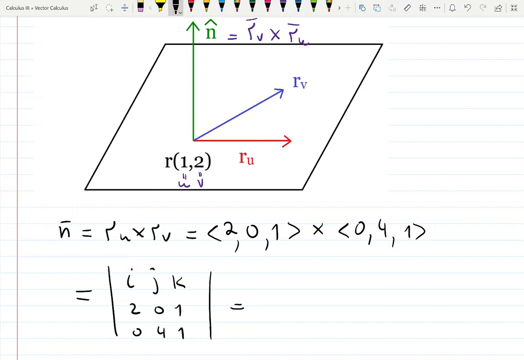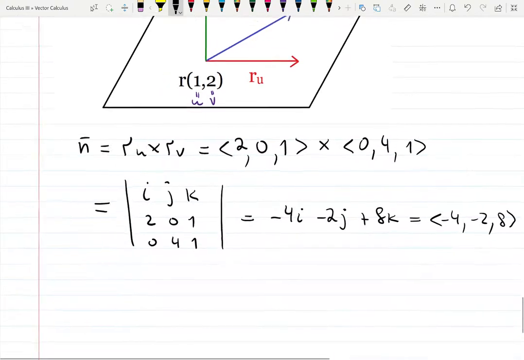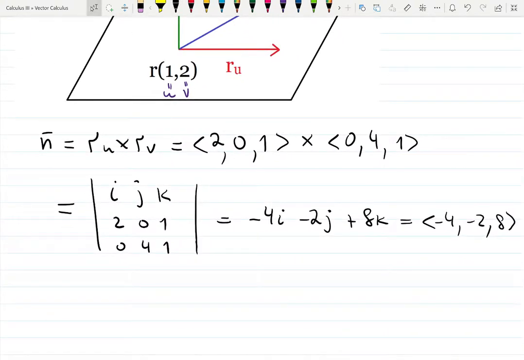Minus j times 2 minus 1 plus k times 8 minus 0. That gives me minus 4i minus 2j plus 8k, which is minus 4, minus 2, and 8. That is my normal vector. We found it from the cross product of two tangent vectors.